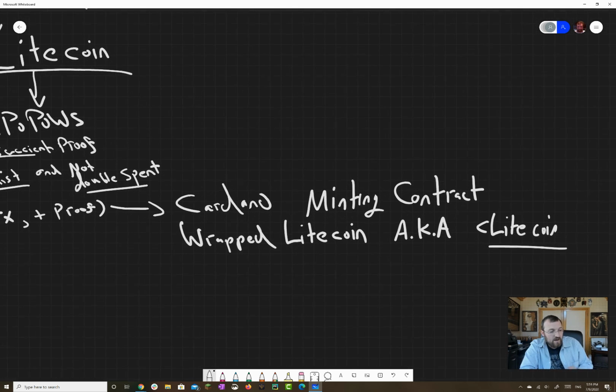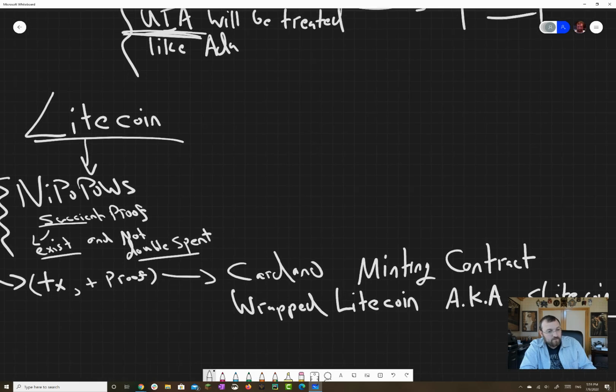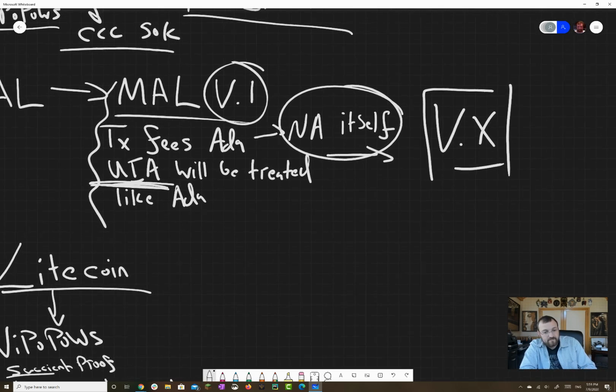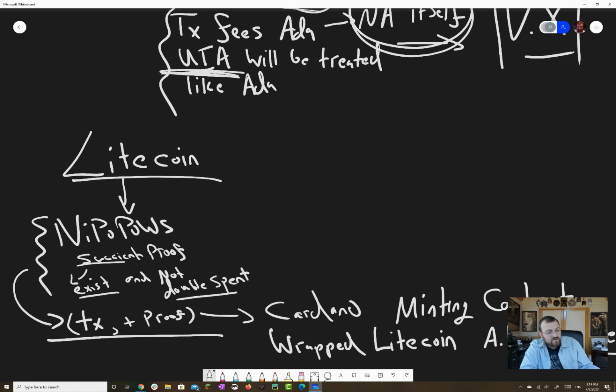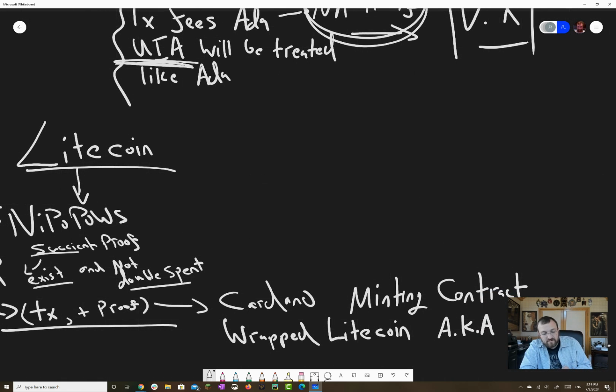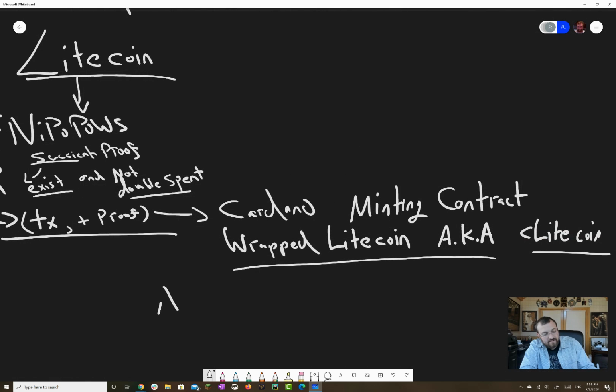Now, why would you want to do that? Well, hang on a second here. If we had the native asset itself paying transaction fees, then what would occur is this transaction to mint Litecoin in the network would then create ADA and C Litecoin. You'd have this other asset floating around the system.